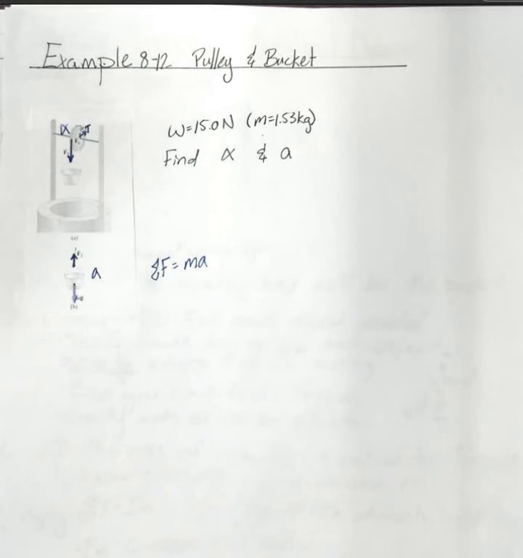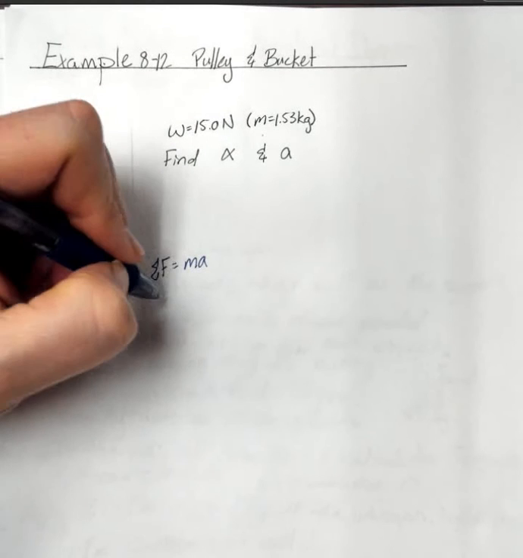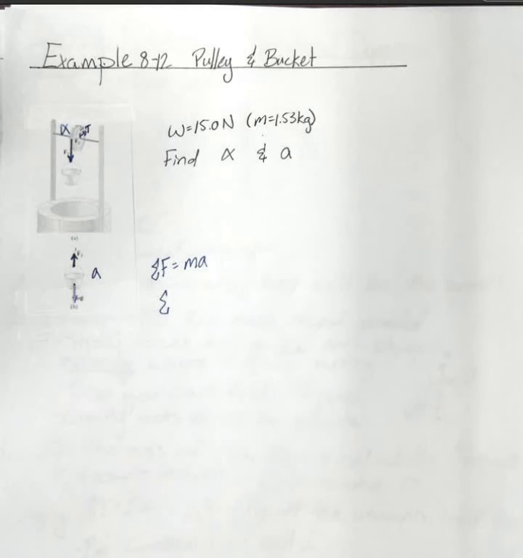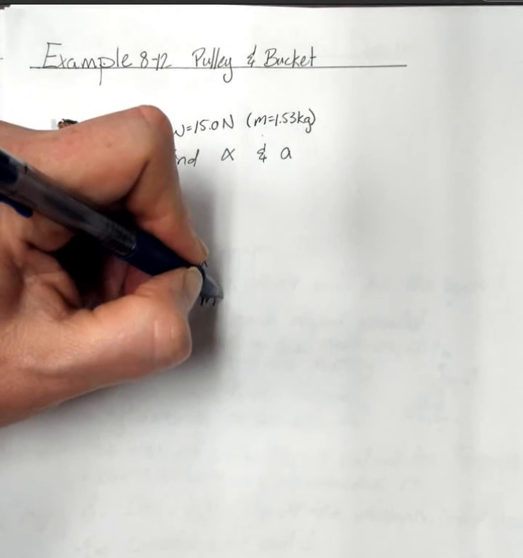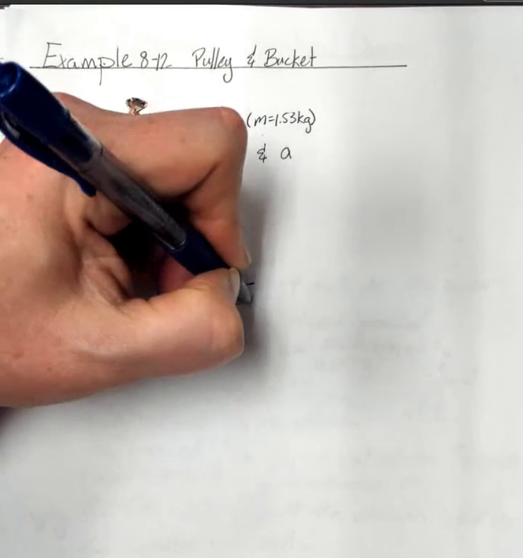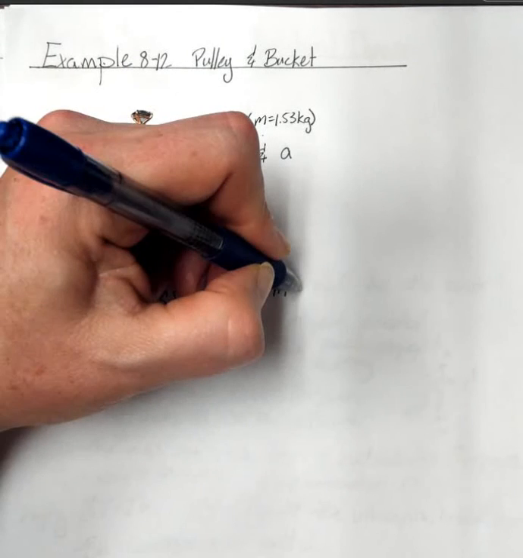So we're going to need the net force of the bucket, and we'll set downward to be our positive direction. Counterclockwise is our positive direction for the rotational motion. That's going to be given by mg minus the force of tension, and that will equal the mass of the bucket times the acceleration of the bucket.